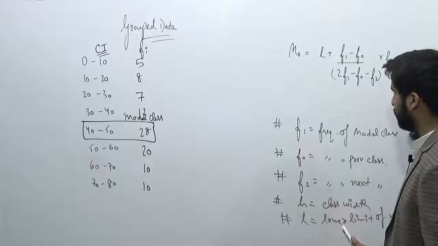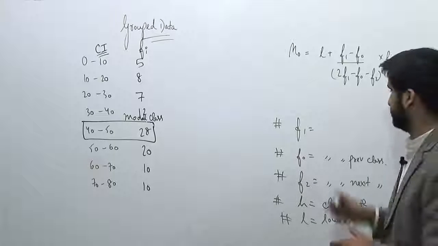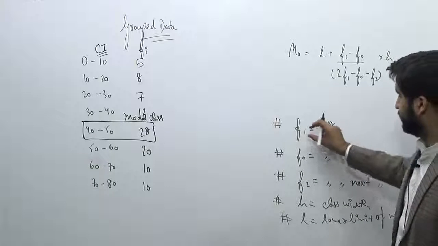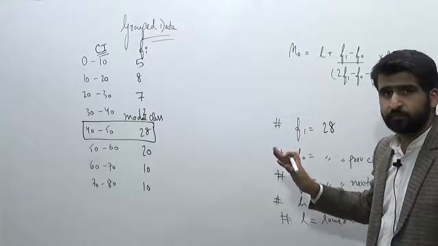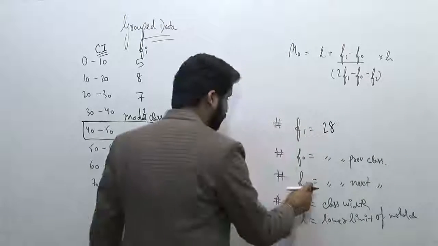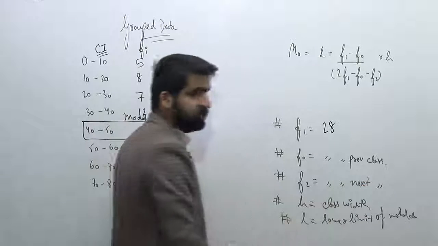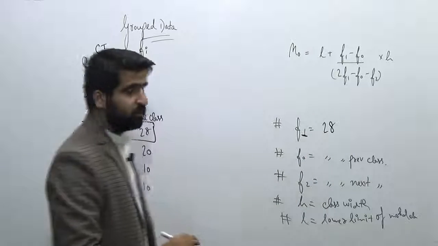F1, can you tell me what is the value of F1? F1 is the frequency of the modal class. So the frequency of the modal class is 28. Why did I write the frequency of the modal class as F1? Because 0 comes before 1, therefore this will be the previous class. And 2 comes next to 1, and therefore this will be the next class. Therefore the midpoint of 0 and 2 will give me the modal class, right?